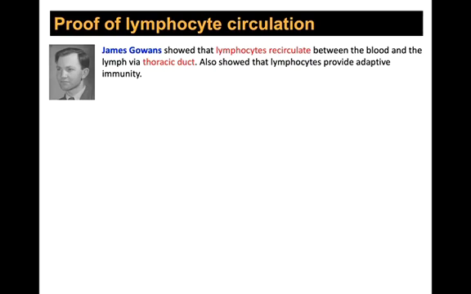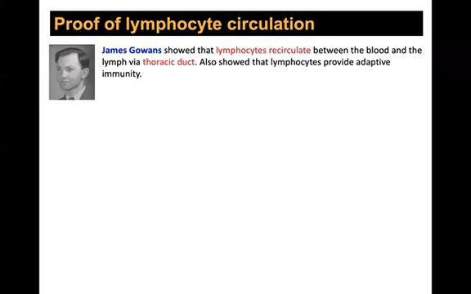And at the time, they knew that the lymphocytes were going from lymphoid tissues into the blood via the thoracic duct. But what James Gowans, a British researcher, did was to have the idea to say, well, what if I put them back in? Does that restore them?